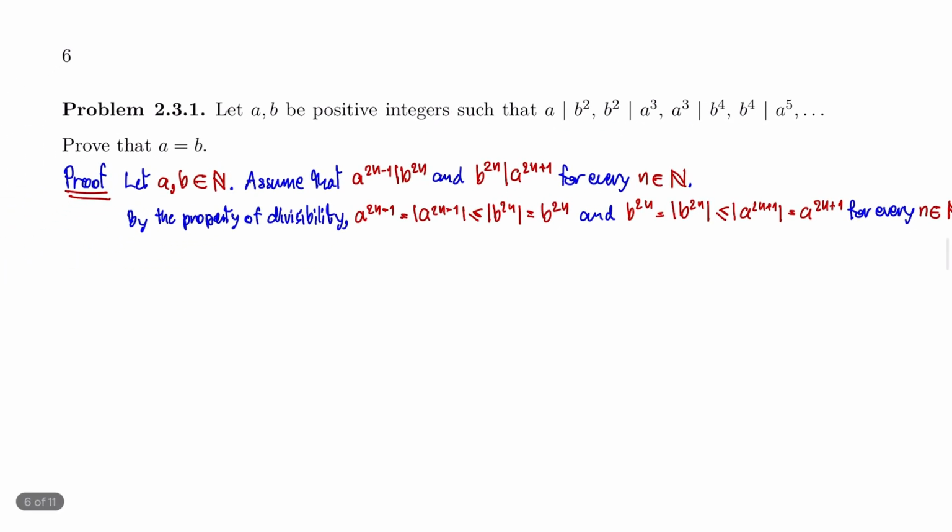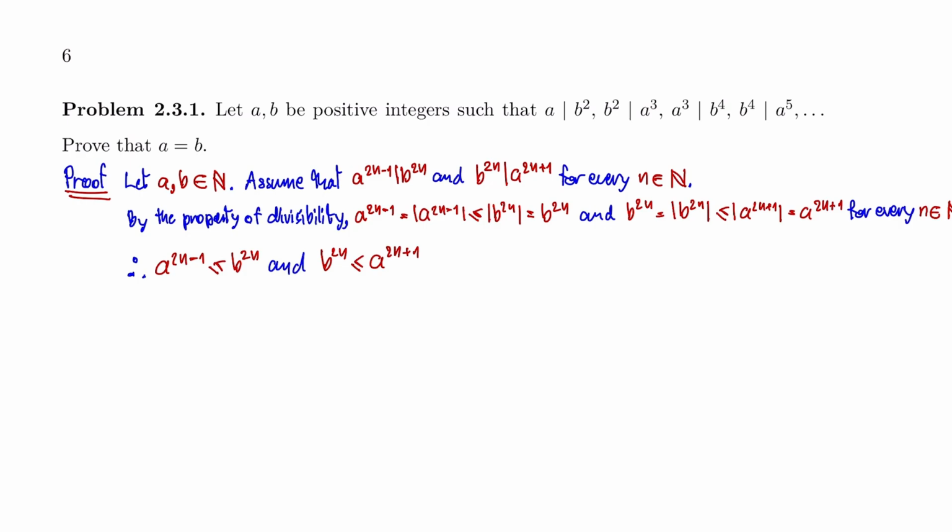Now, from these properties, we will have a to the 2n minus 1 less than or equal to b to the 2n, and b to the 2n less than or equal to a to the 2n plus 1.